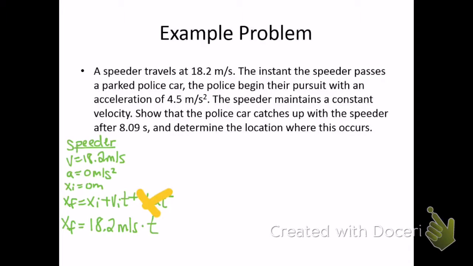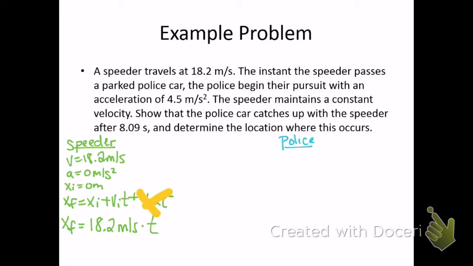Before we find out what position our speeder is at 8.09 seconds, I'm going to draft my equation for my police officer. I am seeing the fact that he's starting from rest.